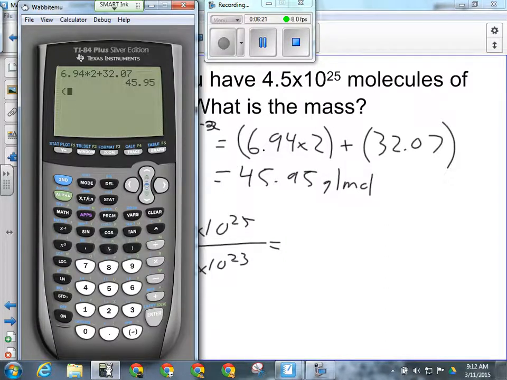So, when we're entering those kind of numbers, they have to be in brackets, 4.5, and then I get the times 10, which is represented by an E, to the power of 25, and then I divide that by Avogadro's number, 6.02 to the power of 23. Right, we get that I have 74.75 moles.